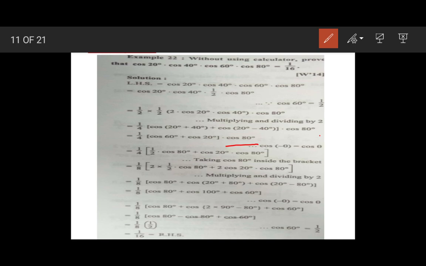Now multiply the whole term, this bracket, with 1 upon 4 and cos 80 degree. First I am multiplying the bracket with cos 80 degree, so that is equal to cos 60 degree, which is 1 upon 2. So 1 upon 2 into cos 80 degree plus cos 20 degree into cos 80 degree.